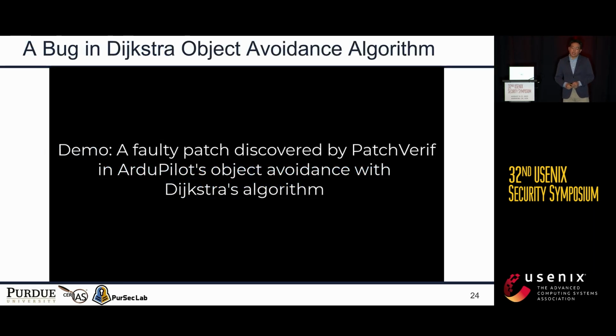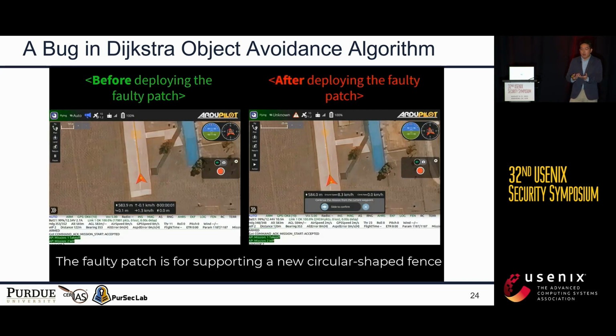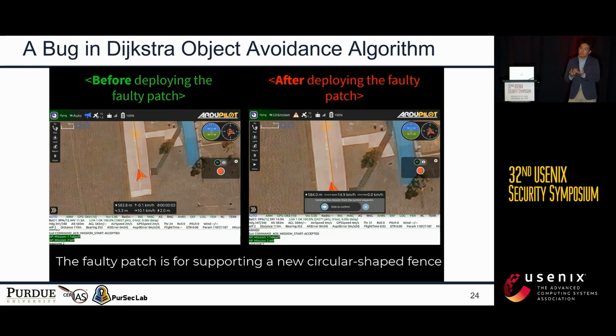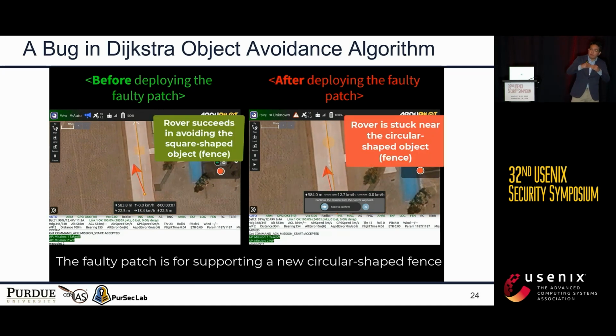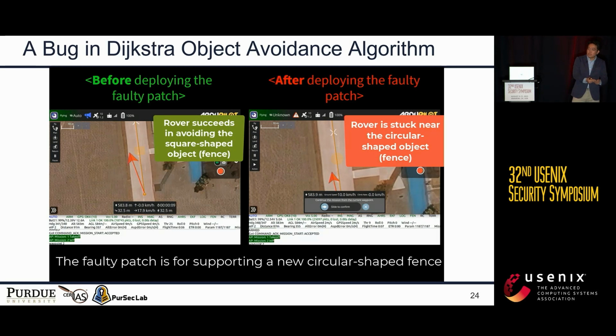Let me explain one case study. In this case study, a faulty patch is for implementing a new circular shape geofence. The simulator on the left side shows before we deploy the faulty patch, and the simulator on the right side shows after we deploy the faulty patch.